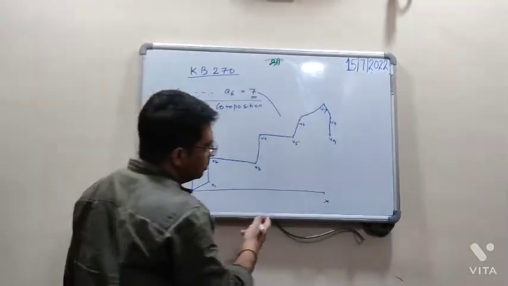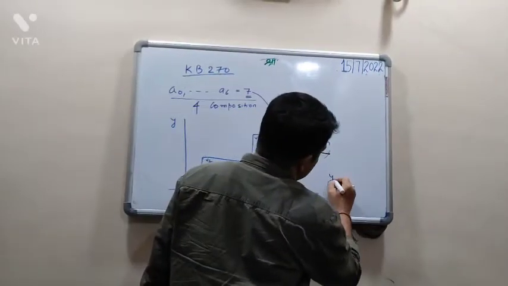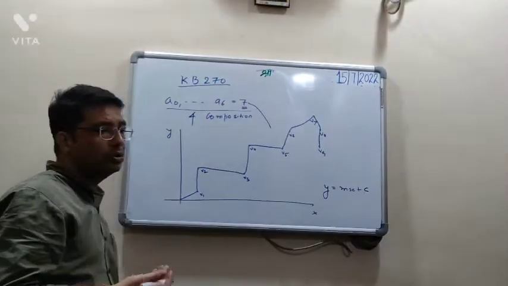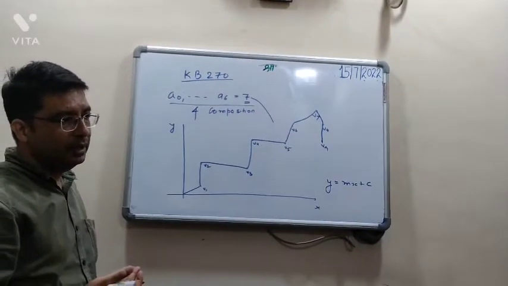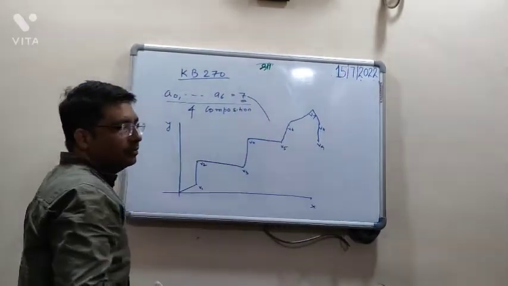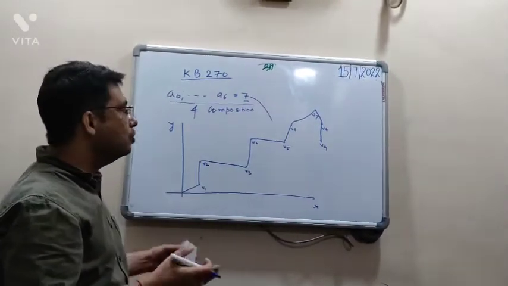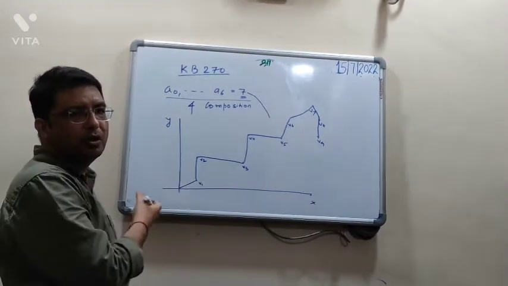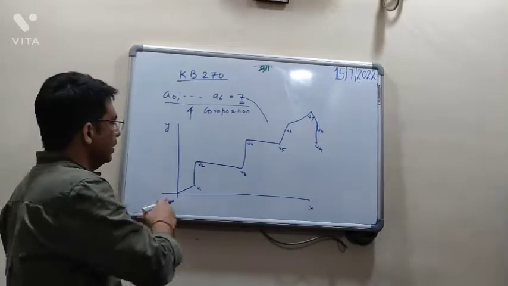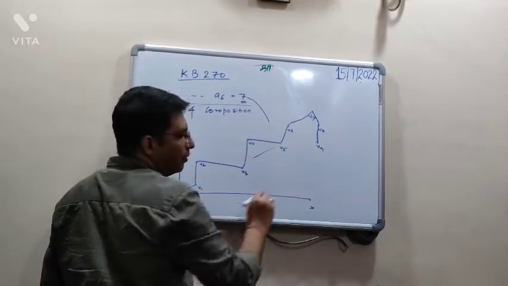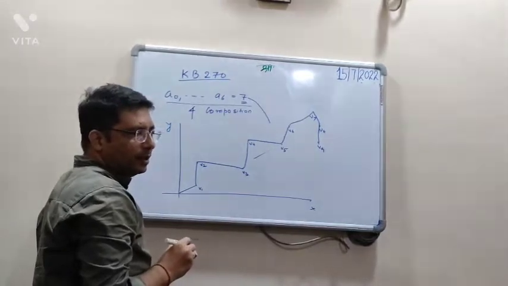So I cannot use the equation y = mx + c. Ultimately what I have to do is use multiple coefficients, because it's non-linear. If it is linear, it is a straight line.